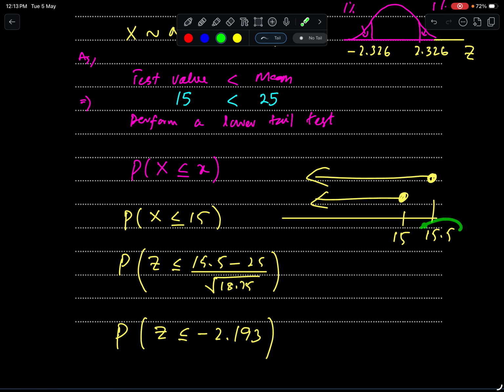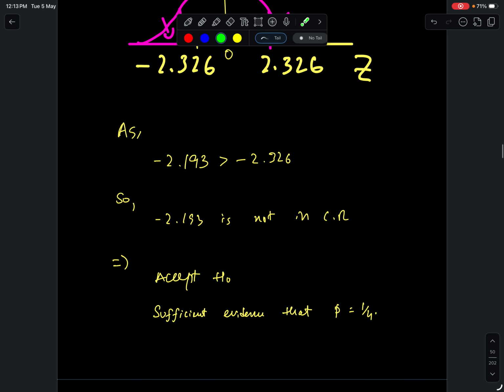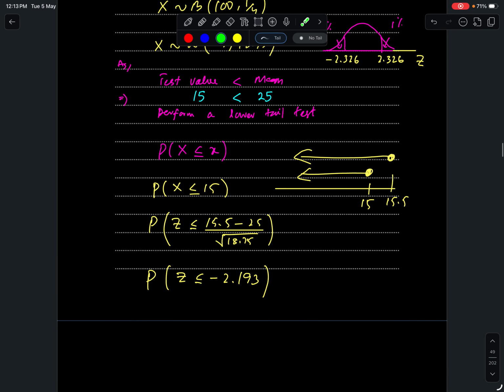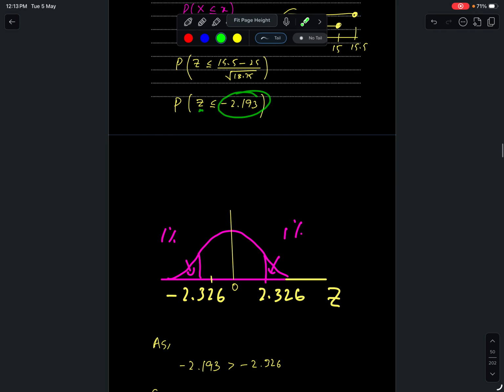Now use a number line to get the continuity correction. 15.5 minus mu 25, over the square root. Now use the normal distribution, 1 minus 5. You don't need to do the 1 minus 5 thing, you just need to compare this. This is the z test: minus 2.13.